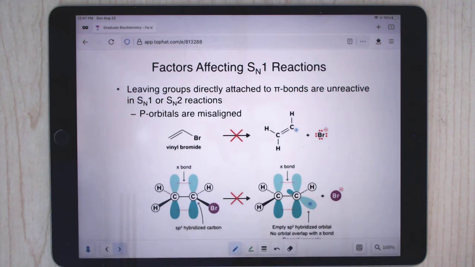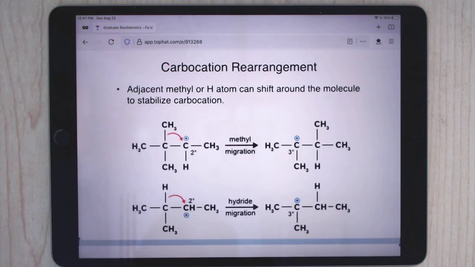But if it's adjacent, no problem. It can rotate to get aligned. But if it's fixed like this and it's 90 degrees, it's not going to work. So on a double bond, bad. Adjacent to a double bond, that's awesome for running an SN1 or SN2 reaction, actually, as it turns out.